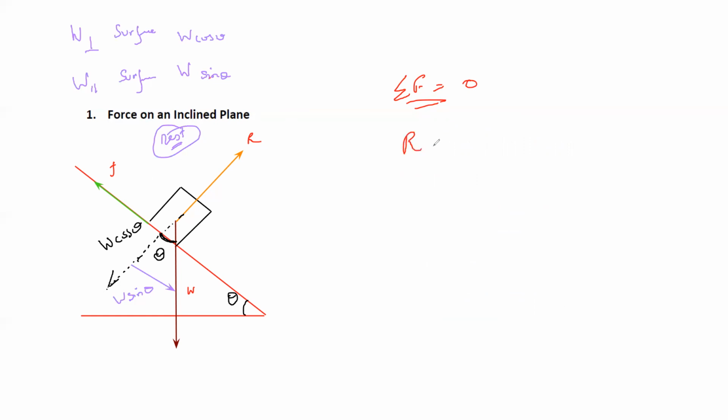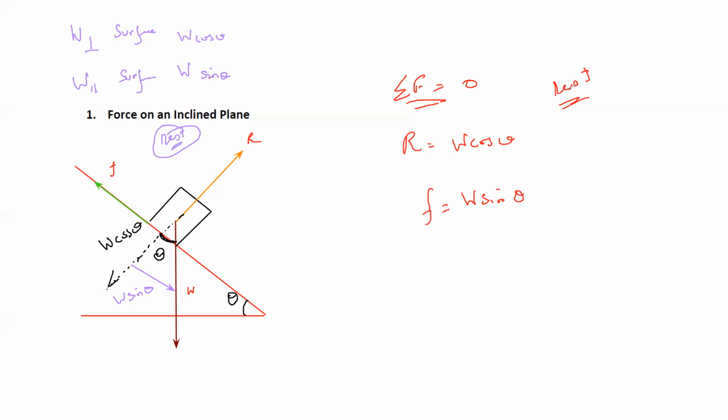So we can say R is equal to W cos theta. W sine theta is making the object slide down, and friction is upward. So friction is equal to W sine theta. This is if the object is at rest.